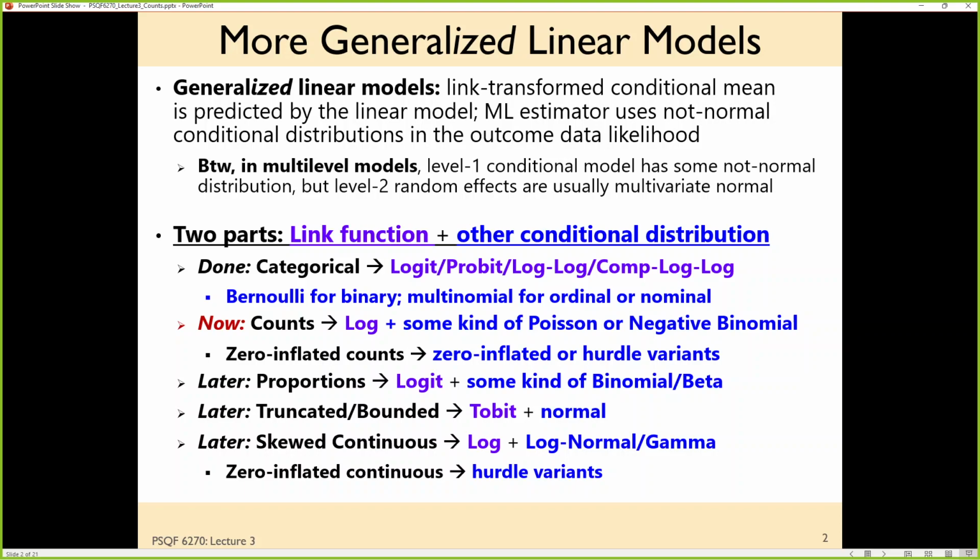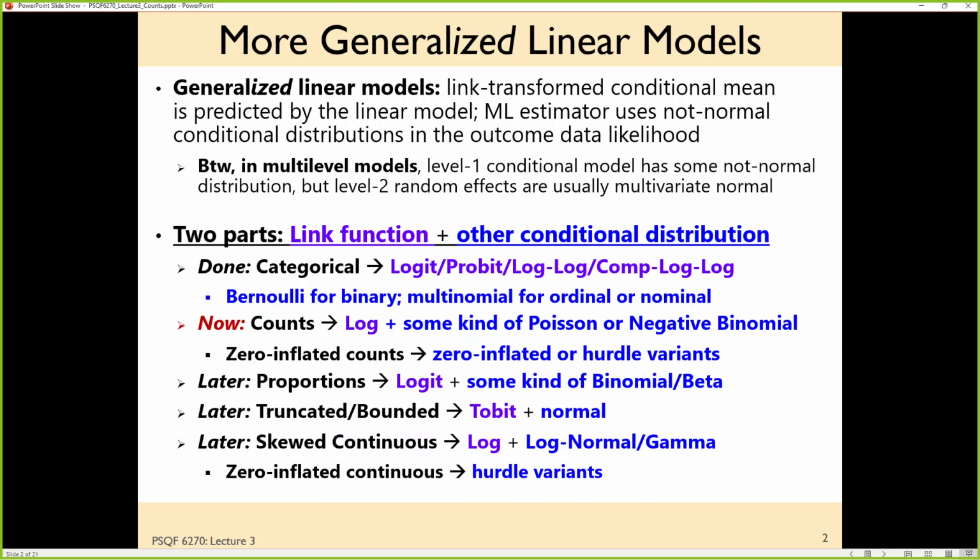So ordinal goes with link functions that are cumulative. They create binary submodels that use all the categories and they enforce order. So the model guarantees that the probability of high belonging, for instance, is going to be higher than the probability of medium belonging, which is going to be higher than low. The model enforces that ordering through the cumulative logit or probit link.